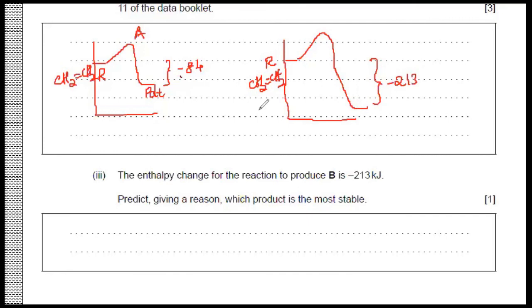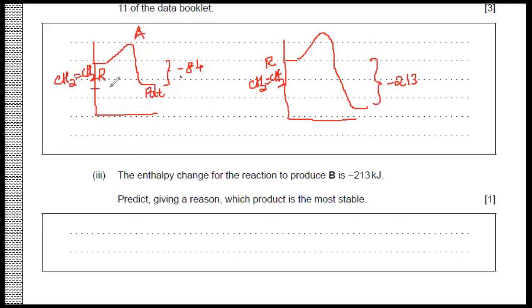So here we can see that A is coming down. For product A, the energy level is comparatively higher. I'll repeat.